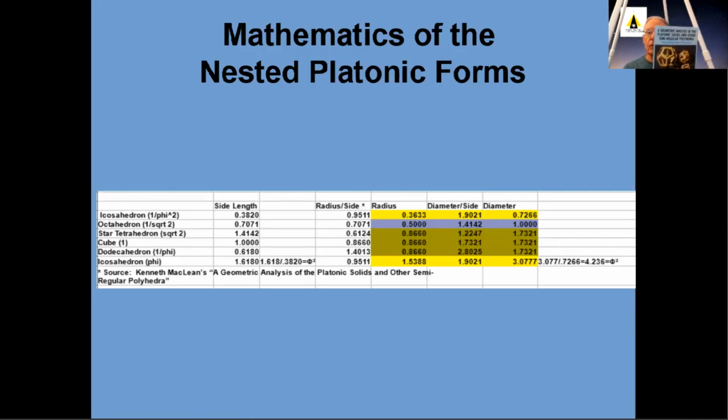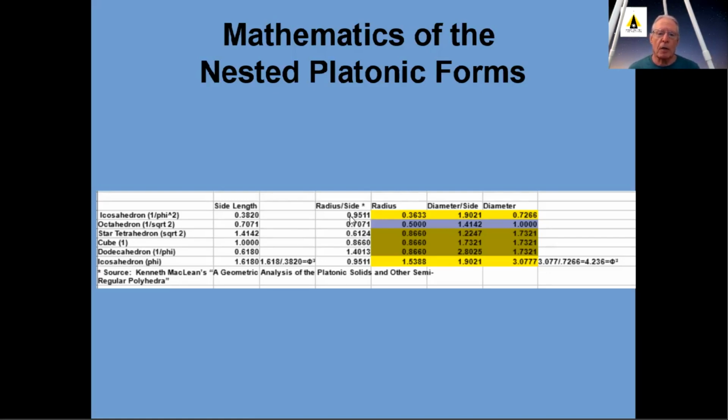Again, a mouthful, but if you're really interested in studying sacred geometry, he has done a great job of giving you every possible ratio and calculation you may want on all of these Platonic forms. It made this process, which I was expecting to be very daunting, very simple. All I had to do was go into each of these chapters. He has a chapter on each of the Platonic and semi-regular polyhedra, with charts on all of this, so all I had to do was look it up.